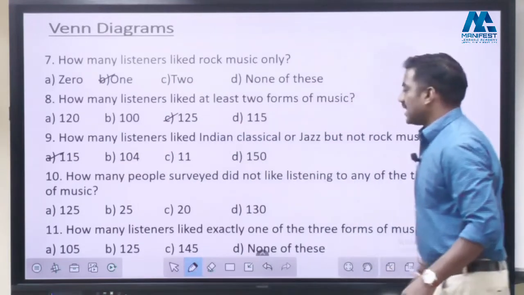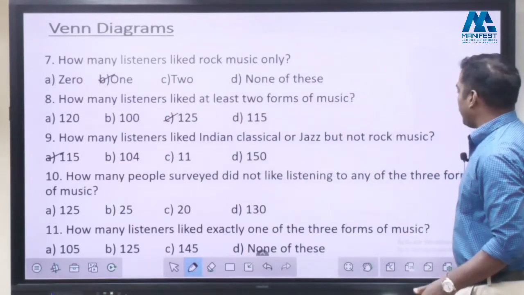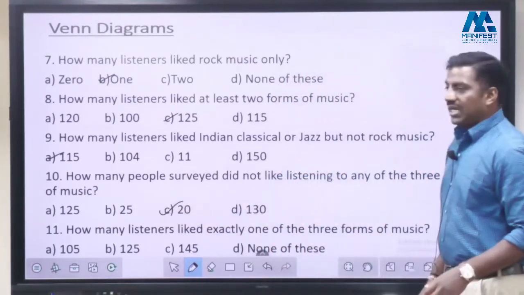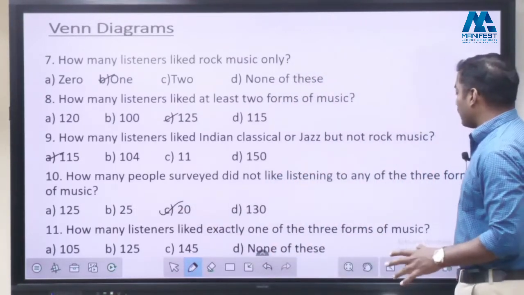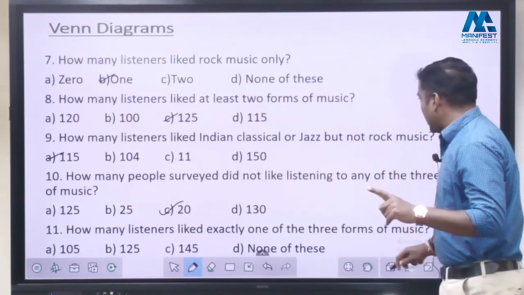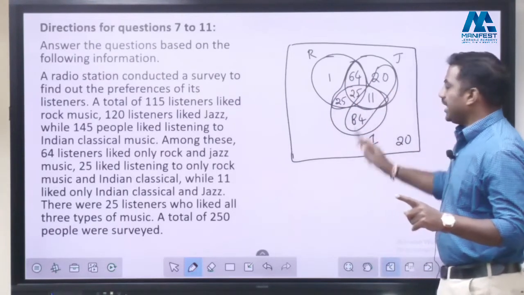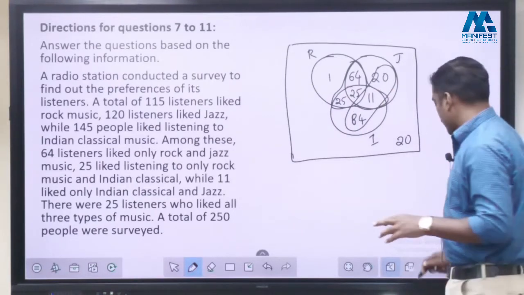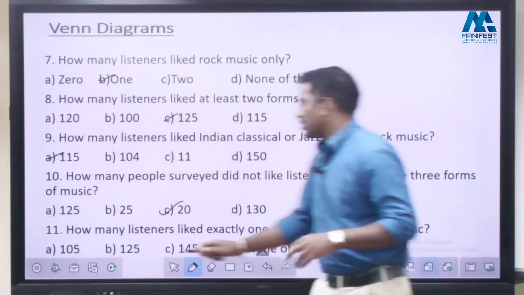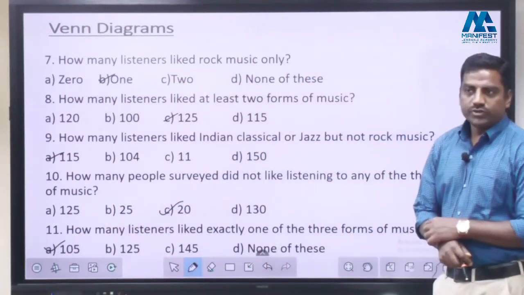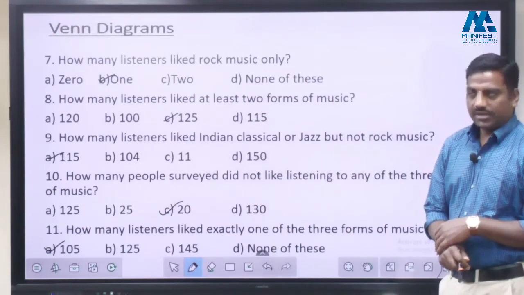How many people surveyed did not like listening to any of the three forms? 20. How many listeners liked exactly one of the three forms? Exactly one. These three exclusive areas, 1 plus 20 plus 84, 105. Okay, no issues? Yes? Yeah.